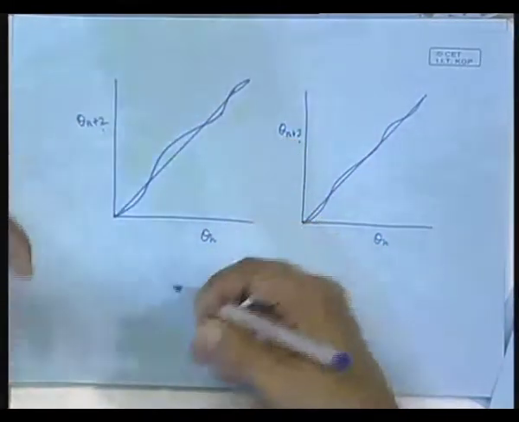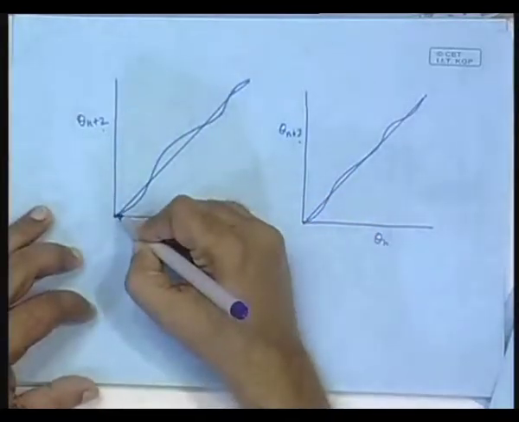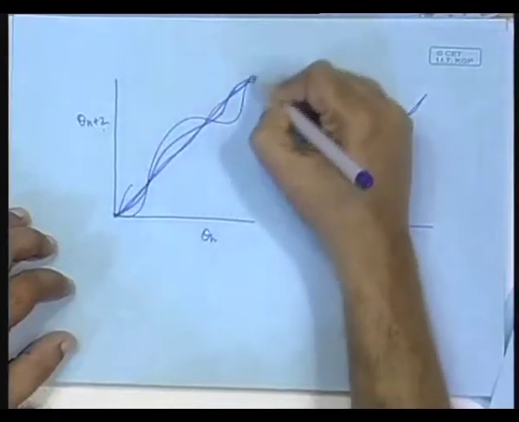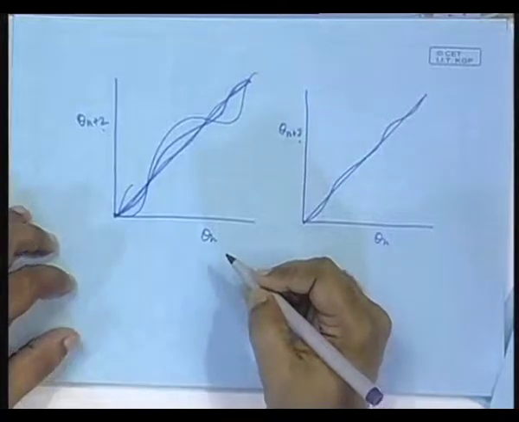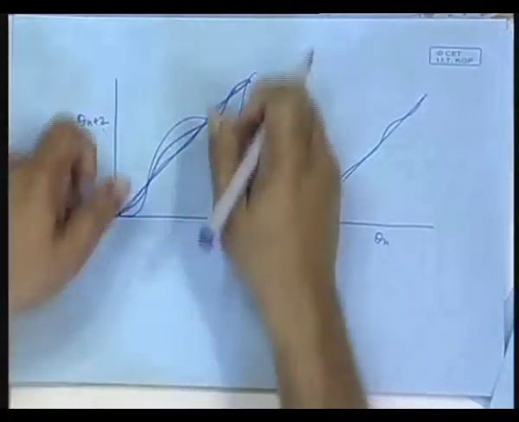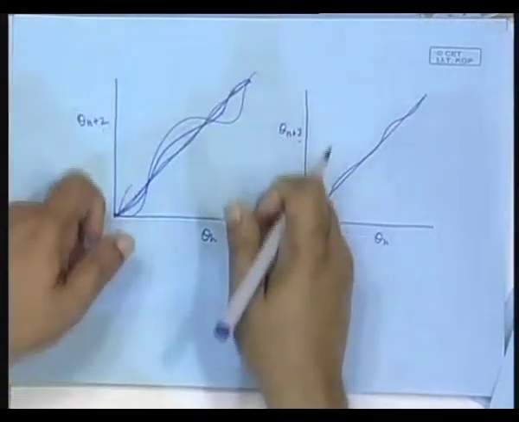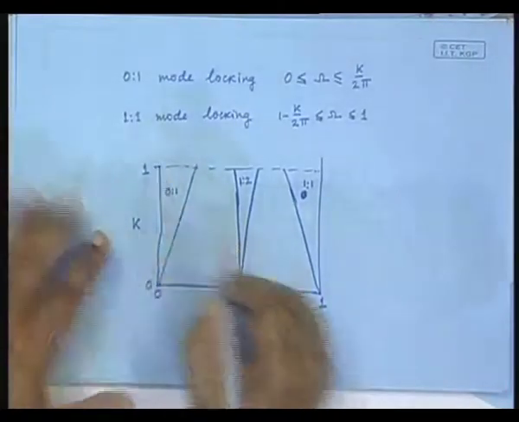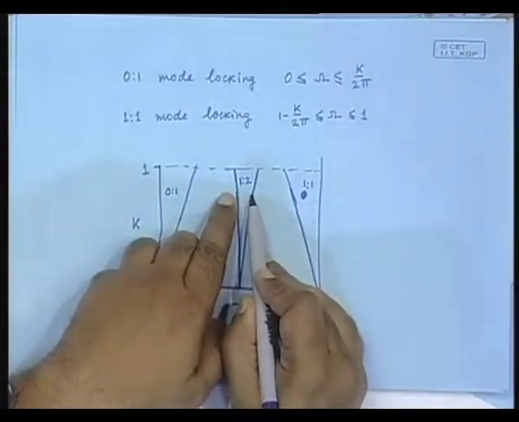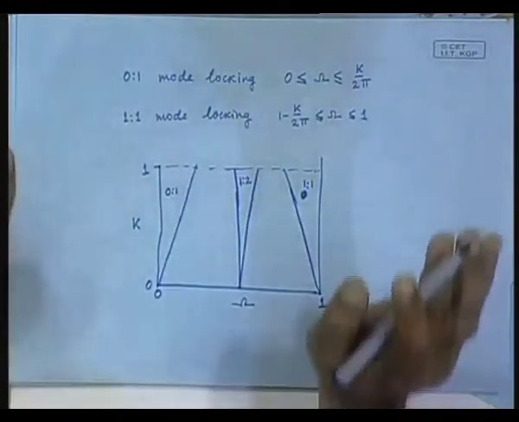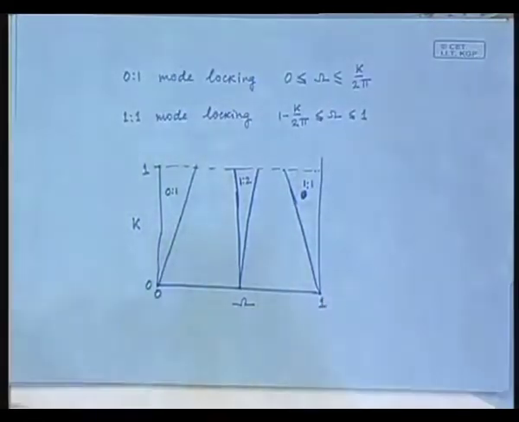If you introduce k, it becomes slightly like this. The more it increases, it becomes larger oscillations. As a result, the intersection will exist for a larger range of omega as this goes up and down. Fine. That is exactly why for larger values of k, we have a larger range of omega for which these are stable. Okay. Is that argument convincing? Fine.